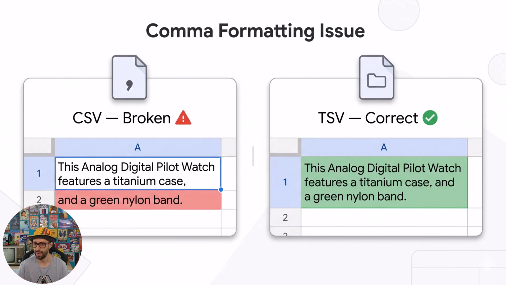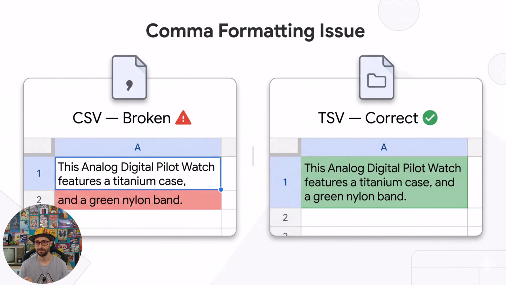Say you have a watch and one of your highlights says, this analog digital pilot watch features a titanium case, comma, and a green nylon band. If you submit that in a CSV file, Google sees the comma after titanium case and splits it into 2 separate values. So instead of one highlight, you now have 2, and the second one just says, and a green nylon band. That's broken data.